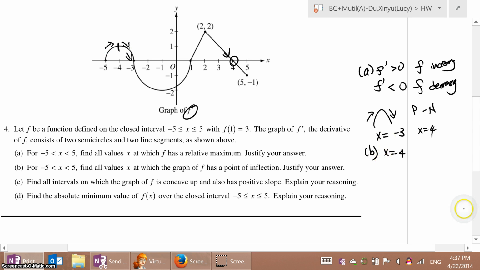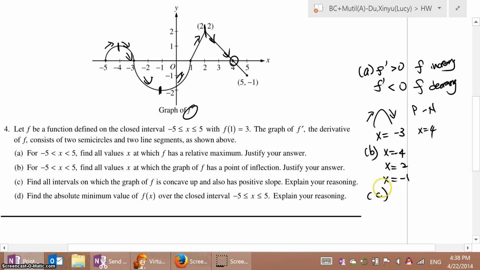And also at x equals 2, where the graph changes from increasing to decreasing, that's also a point of inflection. Also, there's a point at which the graph of f prime changes from decreasing to increasing, at x equals -1, and that's also an inflection point.